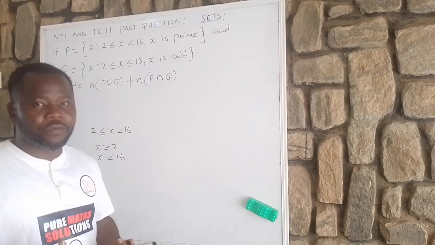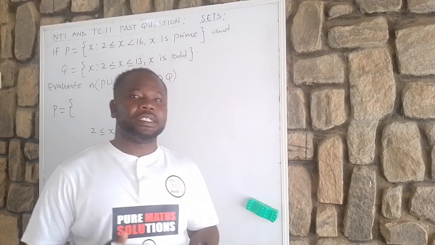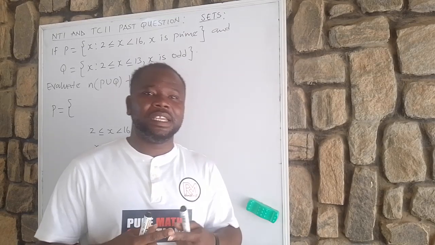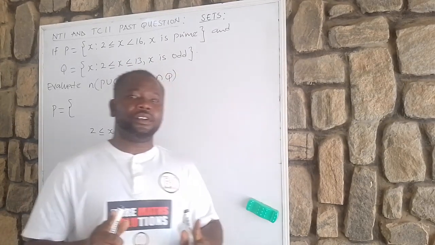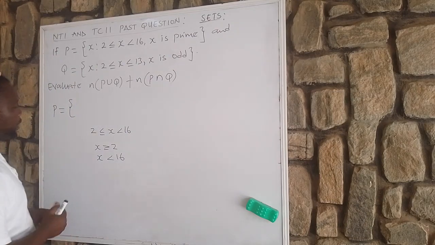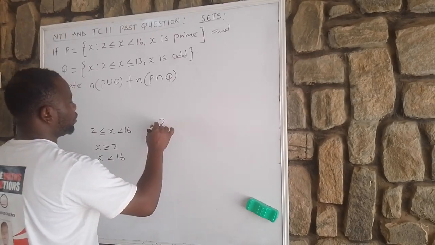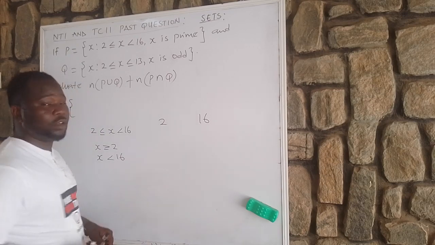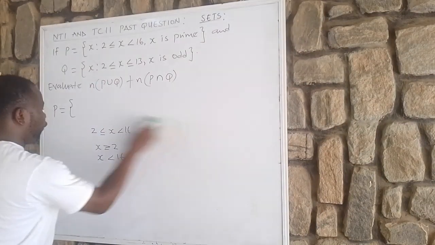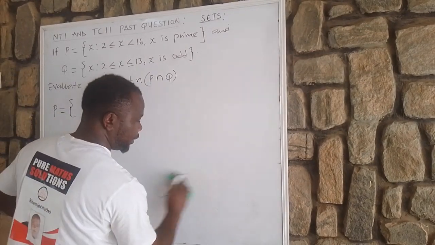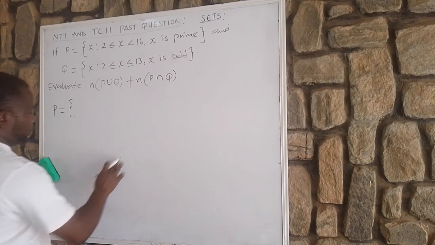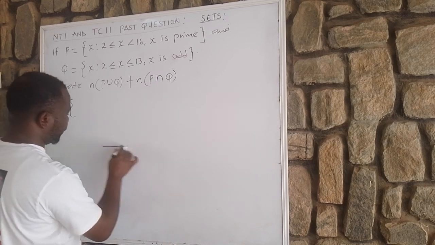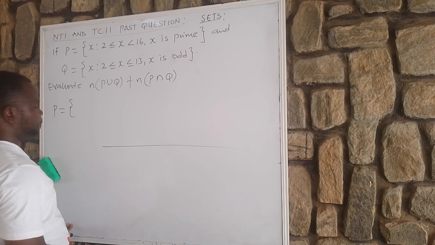You ask yourself, what are prime numbers? Prime numbers are numbers that can be divided only by themselves and 1, true or false? Then the numbers fall between 2 and 16. To help you understand it better, let me draw a number line.